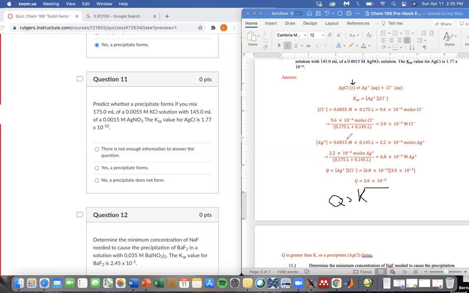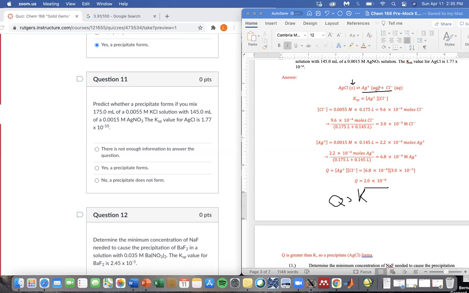For any kind of Q value, it would be reactants over products. If your Q is greater than your K, it means that you need your Q value to get smaller in order to get closer to your K. If you need your Q value to get smaller, that means the denominator has to increase, or the concentrations in your numerator have to decrease.